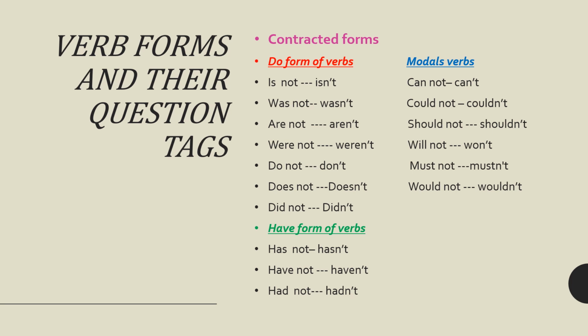Have forms of the verbs: has not, hasn't; have not, haven't; had not, hadn't. Modal verbs: cannot, can't; could not, couldn't; should not, shouldn't; will not, won't; must not, mustn't; would not, wouldn't.